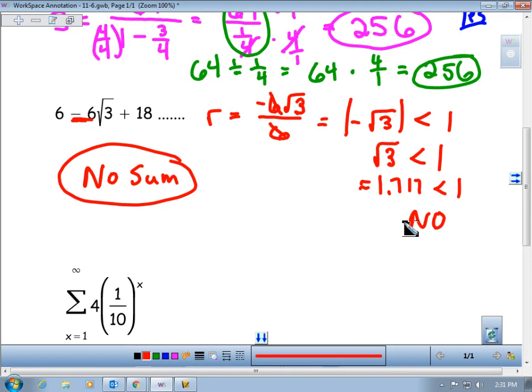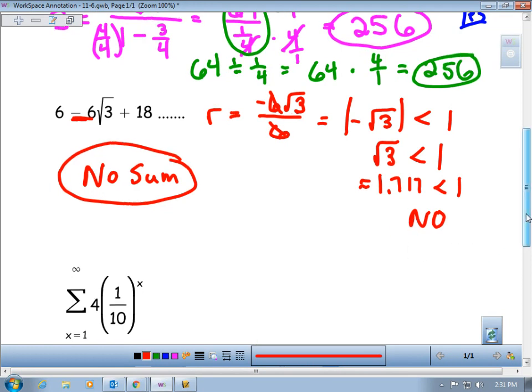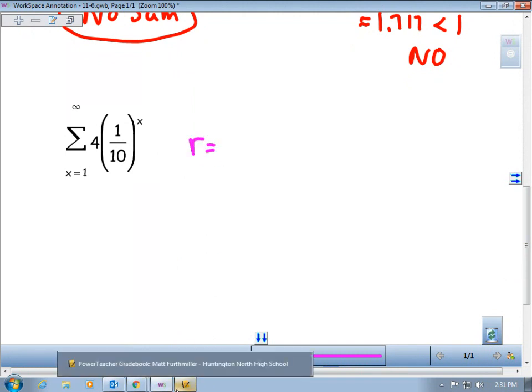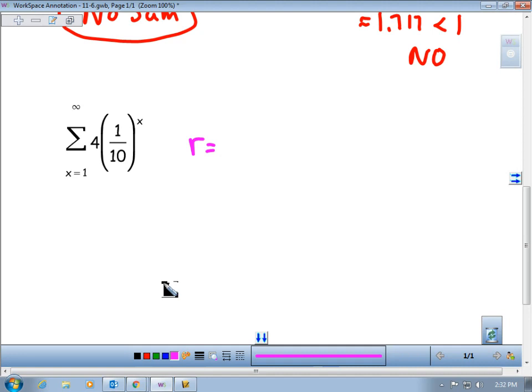Now, the last one's probably definitely the hardest, but it's not bad, guys. It's not bad at all. Let's start off with figuring out what my R is here. Does anybody know what my R is? We kind of talked about this the last couple days. Yeah, it's 1/10. You say, how do we know that? Well, we know that a geometric formula is T sub n equals T sub 1 times R to the n minus 1.